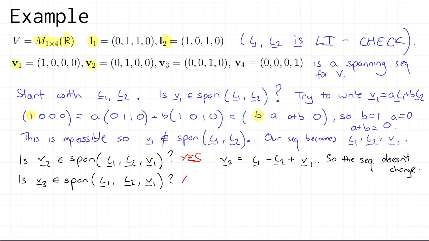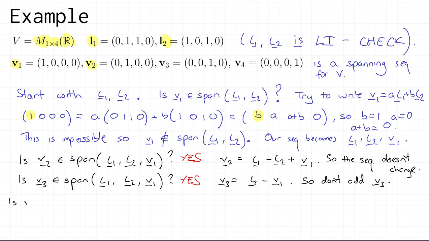So the answer here is yes again, because v3 is equal to L2 minus v1. So 0 times L1 plus 1 times L2 plus minus 1 times v1. So we don't change the sequence again. Don't add v3.